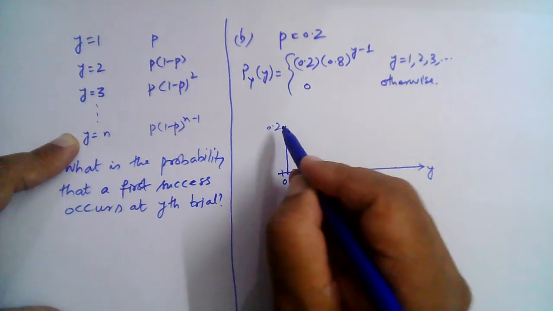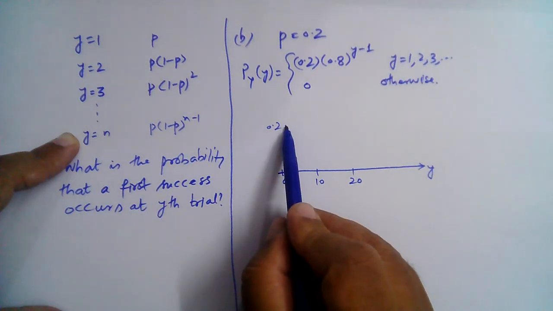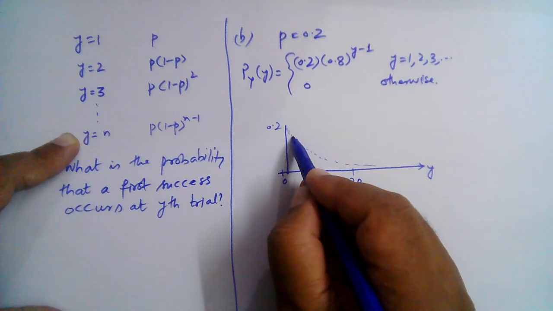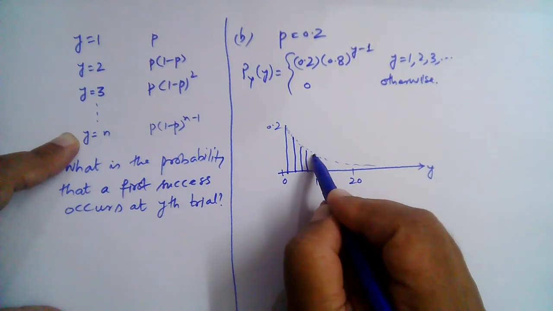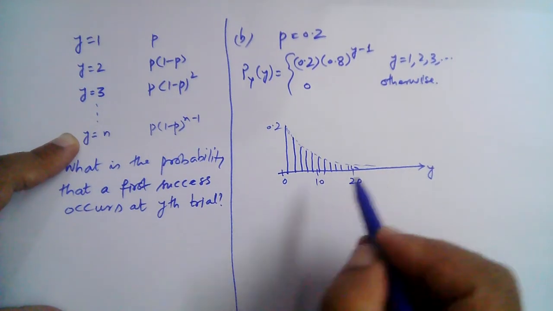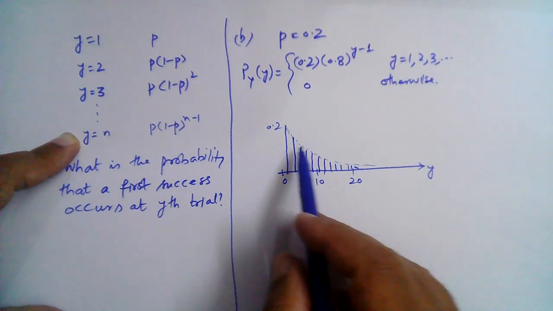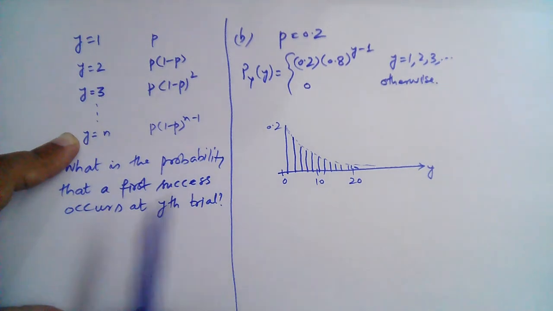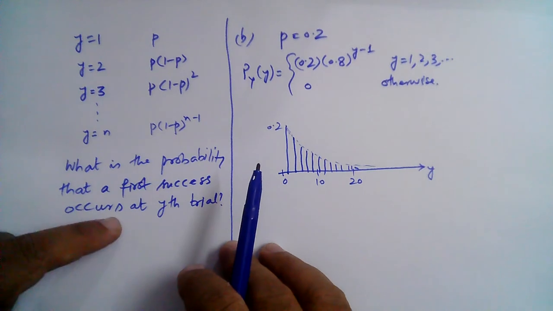With successive values the successive probabilities will follow along this curve. So next value will be like this and so on, and this is how the successive values will give the probabilities for the values of y. So this concludes our solution to the given problem.